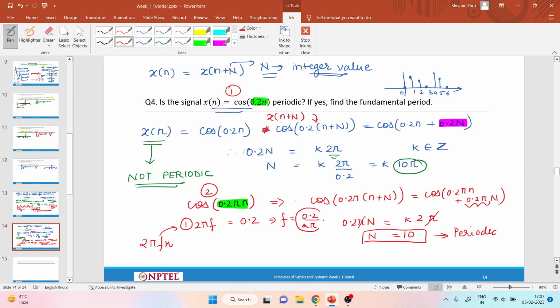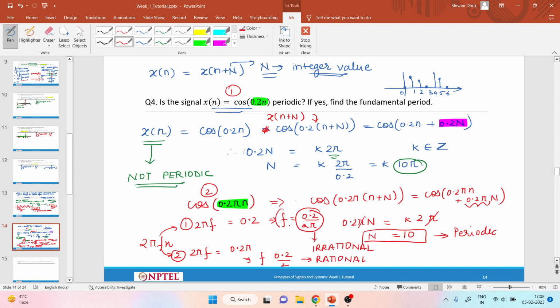So this is an irrational number because pi is irrational. And for the second case, 2 pi f is equal to 0.2 pi, and here my f is 0.2 by 2, which is a rational number.